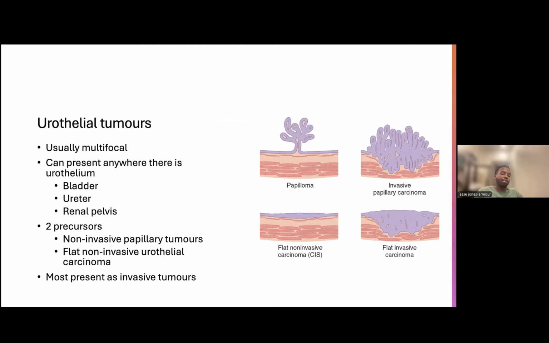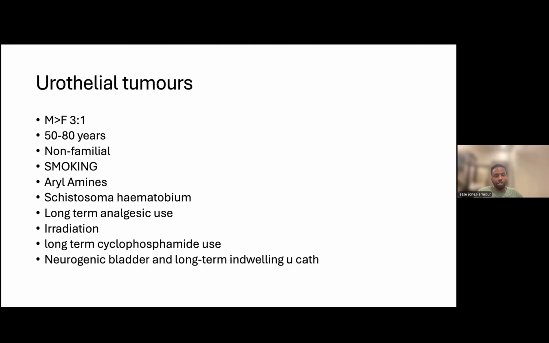They generally have two main precursors, which are the non-invasive papillary tumors and the flat non-invasive urothelial carcinoma. However, in the majority of cases, when you find a bladder mass, it would already have some form of invasion, and you may not see these precursors, as most present as invasive tumors.